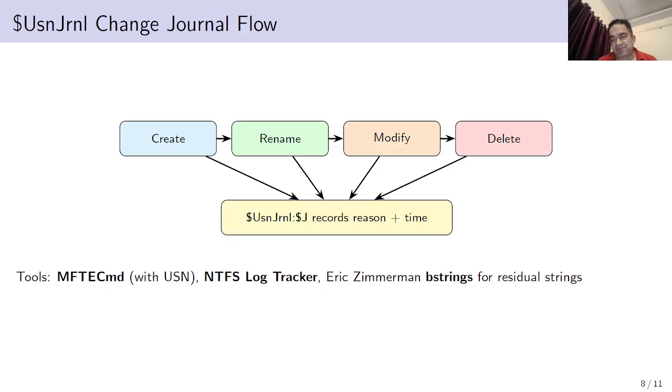For example, malware dropped as invoice.pdf.exe, then renamed to something like svchost32.exe, may still show both names and reasons in the USN even if the directory listing looks clean.